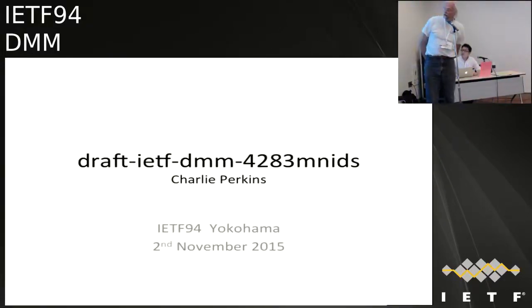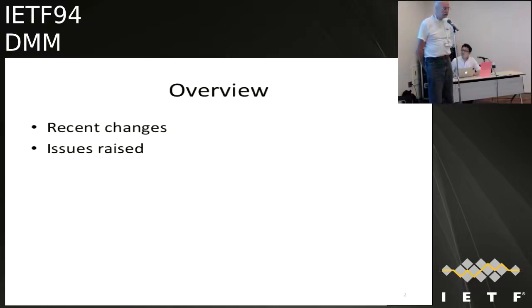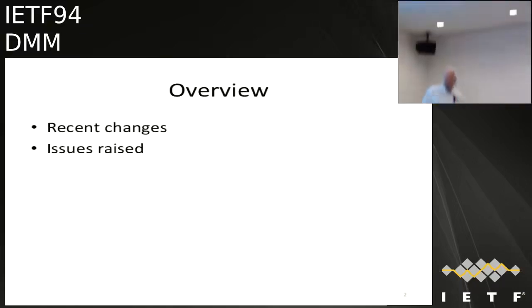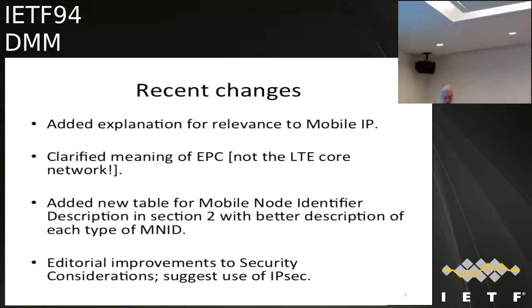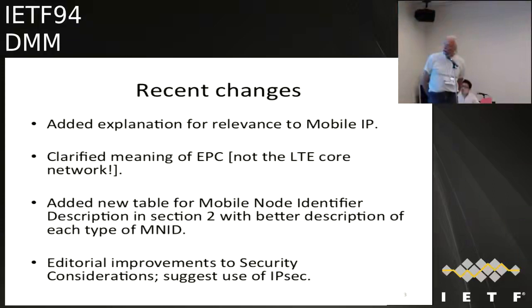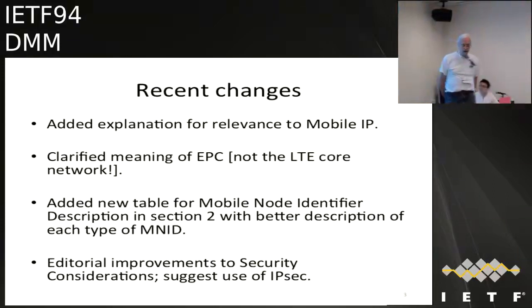Yeah, so this will be a pretty short presentation. There was some discussion about this draft, and thanks for a really extensive review by Sri. This is just a list of the changes. First of all, EPC is used in the document, and it needs to be explained that that's not the LTE mobile core, the packet core, and also make it clear why the inclusion of additional identifiers is important for Mobile IP.